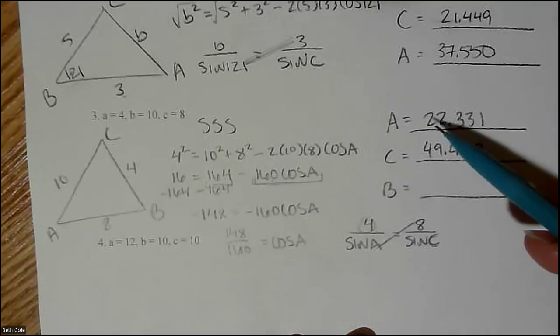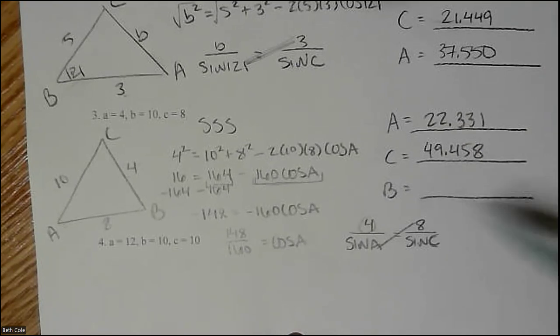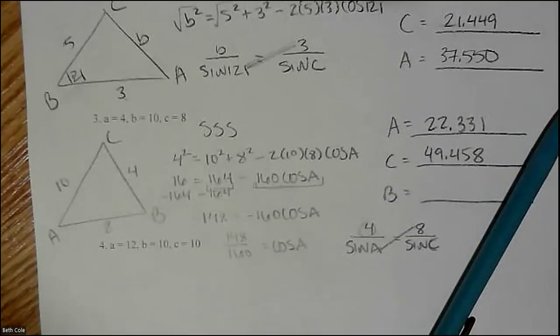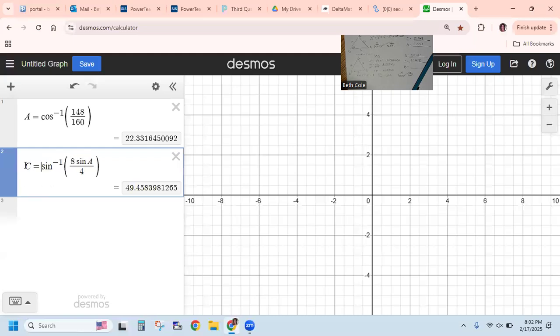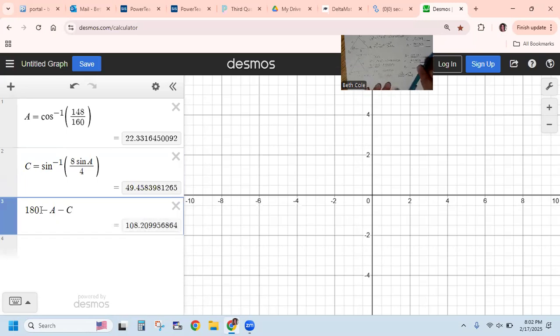And then once you have angle A and angle C, you can just subtract from 180 to get the last angle. So I'm going to store this one as C. And if you do 180 minus A minus C, that's going to give you B. So 108.209.